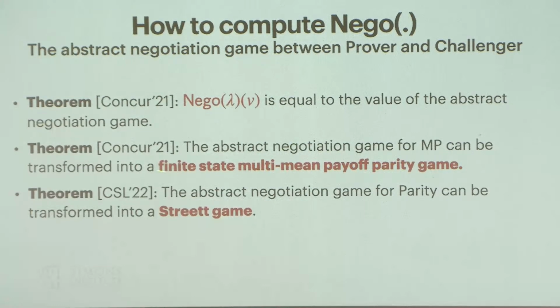Solving this multi-mean-payoff parity game amounts to computing the value defined by the negotiation function. This is for mean payoff, and for the parity objective, what we get to compute this function is to solve a Streett game.